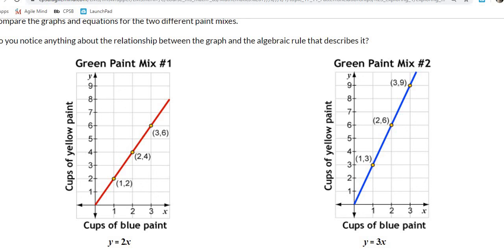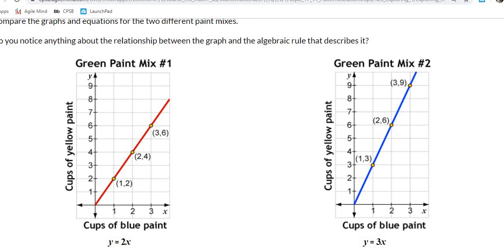Agree. Okay, well let's focus and quit doodling. How are they different? Well, the first one goes by 2 and the second one goes by 3. It's the constant of proportionality. Okay?